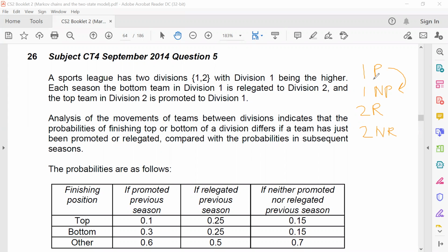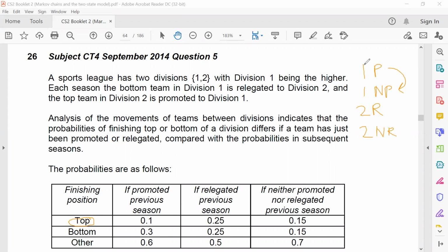Because I know that whatever happens to me from today depends on how I have reached here, if I was promoted or whether I was not promoted, right? Because the probability that you will finish in the top of, let's say division 2, will depend if you were promoted in the previous season, or if you were relegated, or if neither of these things happened to you. So now if you can take this into account, then it will be very good for us.